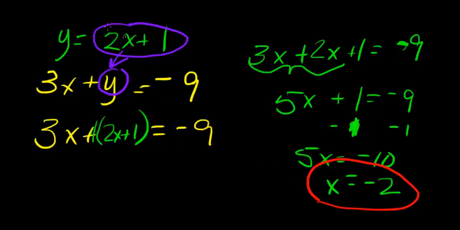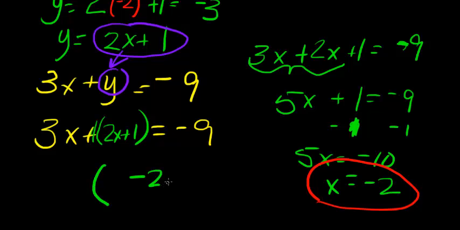Well, now I know what x is, so I can take that out and put a -2 there. So y is 2 times x plus 1. 2 times -2 is -4, plus 1 is -3. And the answer to this solution: x is -2, y is -3.